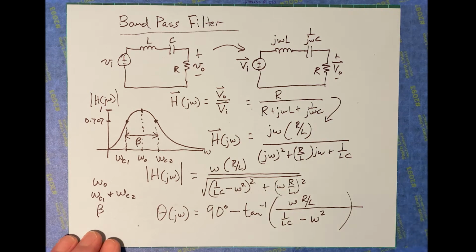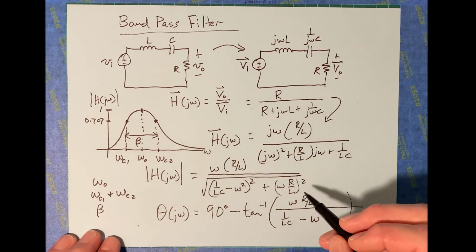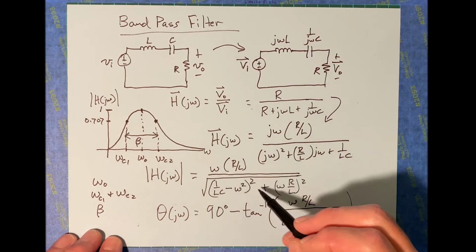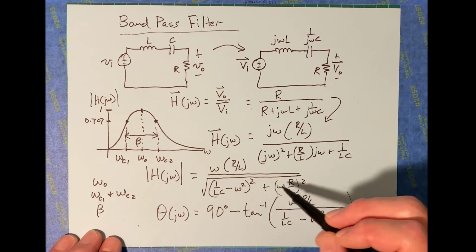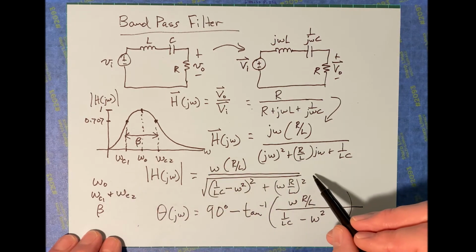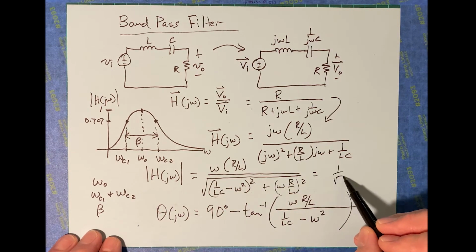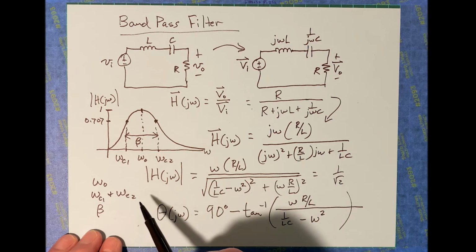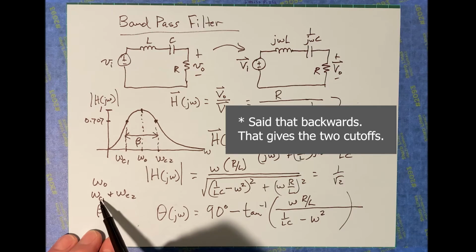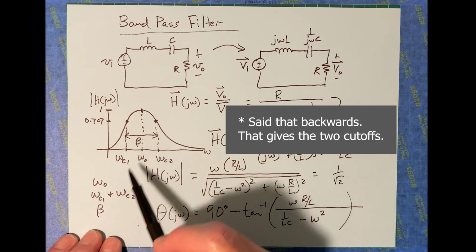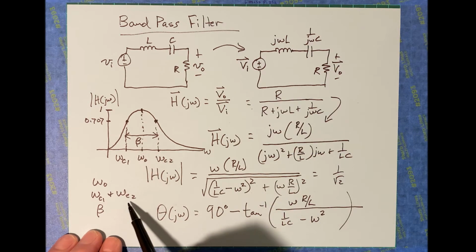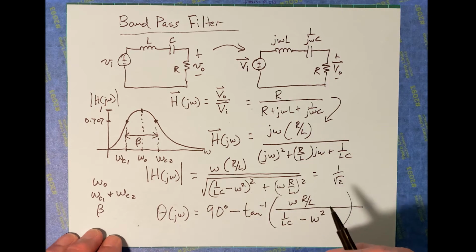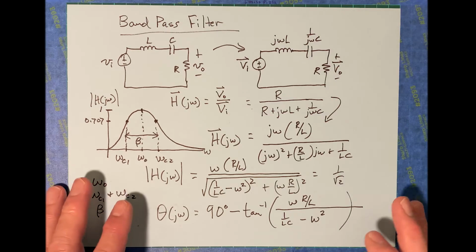All right, now all of those quantities can be calculated. Given the magnitudes of this right here, you could go through and determine where this is equal to 1 over square root of 2 and so forth. Then you could say, where is it 70.7% of the max, to get your 2 cutoffs, and then omega naught is the center of that, I should say.